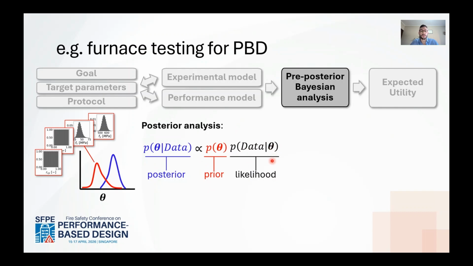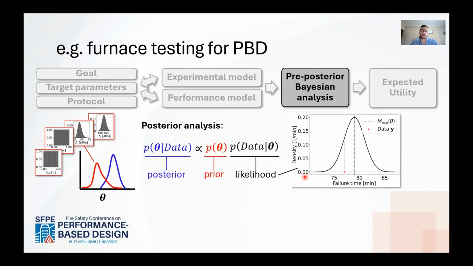And in this case, we will assume that this is a normal distribution centered around the prediction of our experimental model and with a standard deviation of 2 minutes.